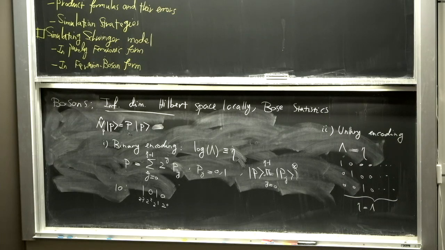All right. So what else do we need to know before I give you an example of how to simulate the Schwinger model? We need at least one algorithm for simulating time dynamics. So let's say your unitary is e to the minus iHt, and the question is, how do we implement this?